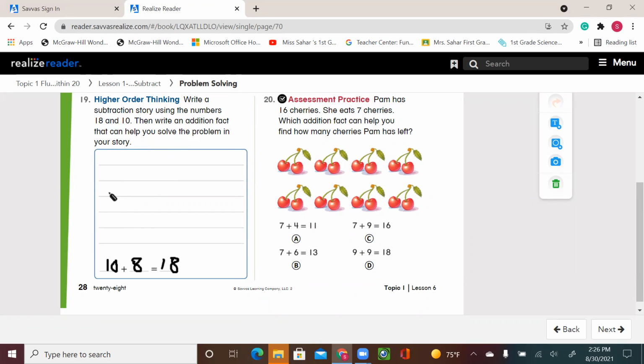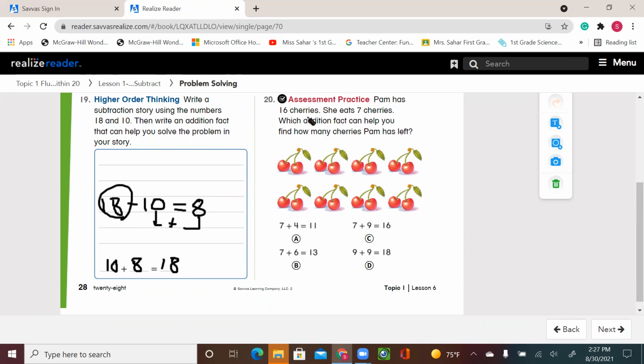You can draw pictures or you can just do it on the side. So 18, that's total grapes, take away 10 equals 8. That means 8 plus 10 equals 18. All right, let's go to number 20.